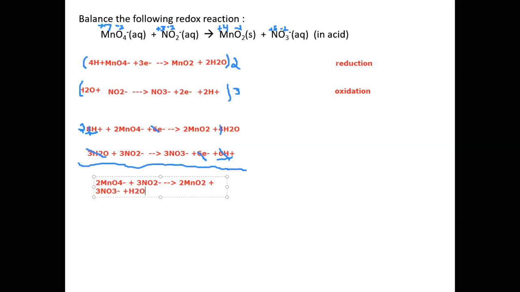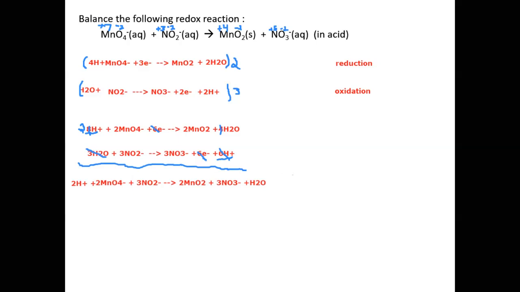And you got to check here to make sure everything is balanced. I forgot the 2H+ as well. So 2H+ plus 2 MnO4 minus plus 3 NO2 minus.